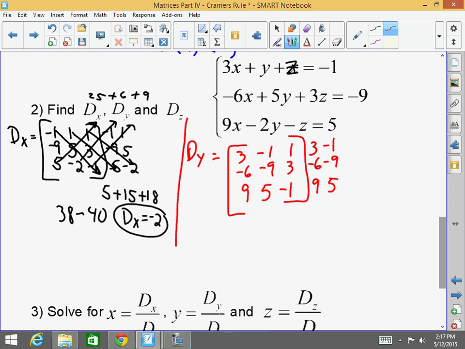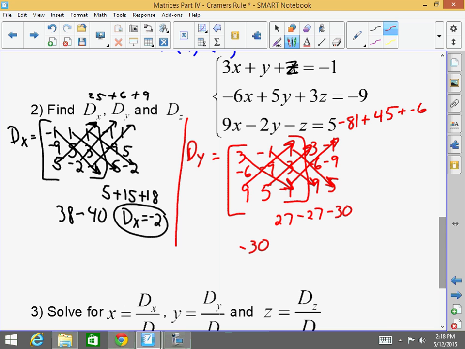Okay, so I've got 27 minus 27 minus 30. So that gives me a negative 30. And then I've got negative 81 plus, that's 15 and 3, 45, plus negative 6.